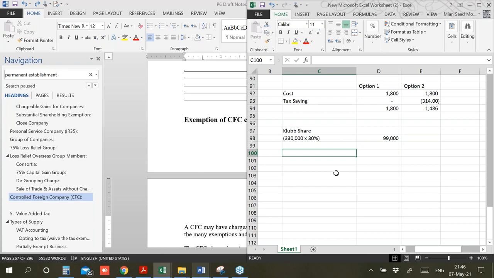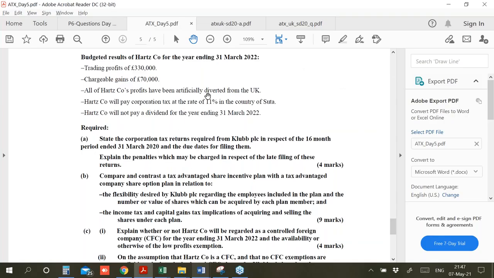Now I have to calculate what the corporation tax on these profits would be if they were taxed in the UK. That is simple. Take 19% of that. 18,810 will be the tax that would have been payable in the UK. Now, as DTR is available, you will deduct the tax payable in the country of Suta. The rate is 11%.